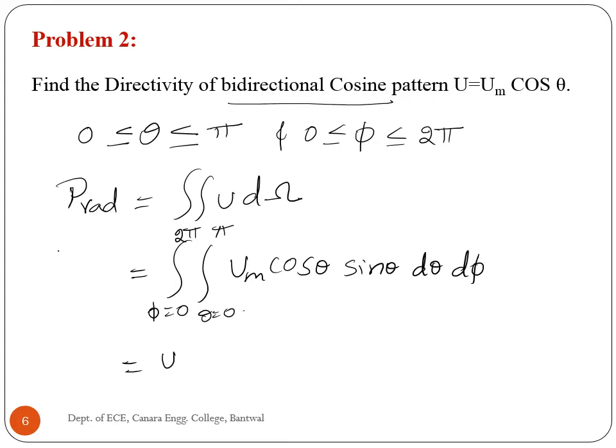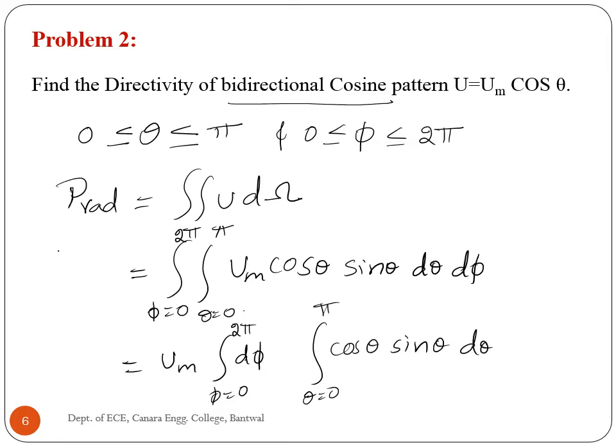Which is equal to Um, phi from 0 to 2 pi d phi, theta 0 to pi cos theta sin theta d theta. Radiated power is equal to 2 pi Um, integration of cos theta sin theta d theta, limit 0 to pi.